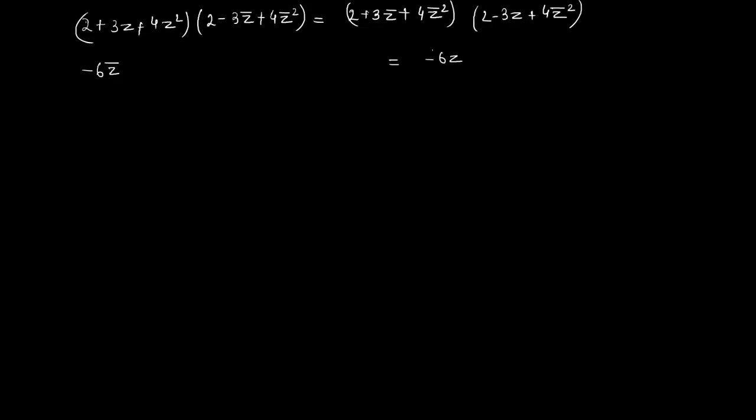Again 3z into 2 will be 6z, here 3z bar into 2 will be 6z bar. Again 3z into minus 3z bar is minus 9z z bar, and here also the same term, so this term also will be cancelled.